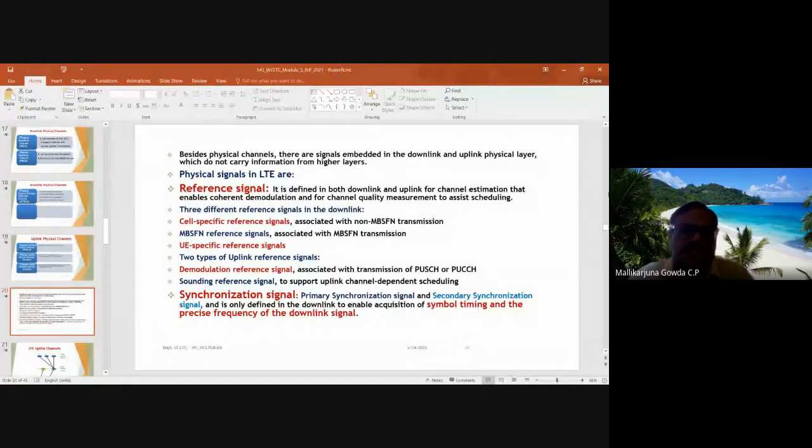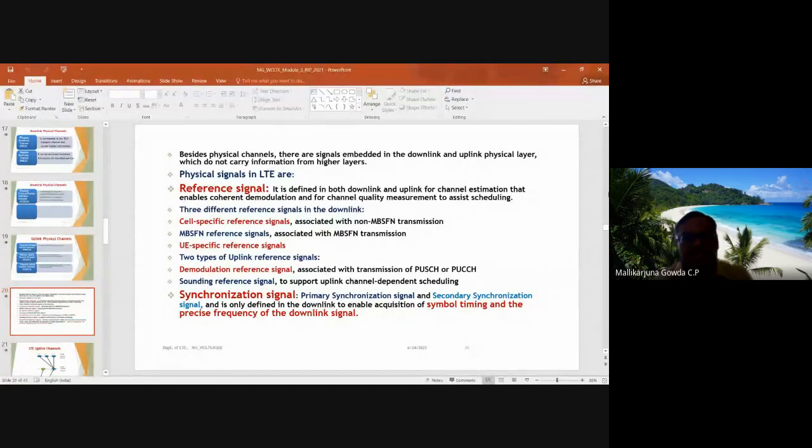The first one is the physical signals. What are the physical signals in LTE? The first one is the reference signal. This reference signal is defined in both uplink and downlink for the purpose of channel estimation.